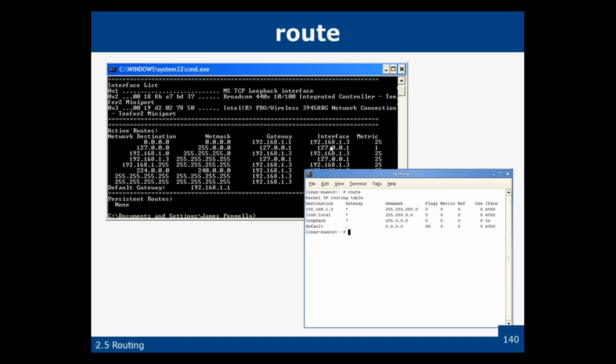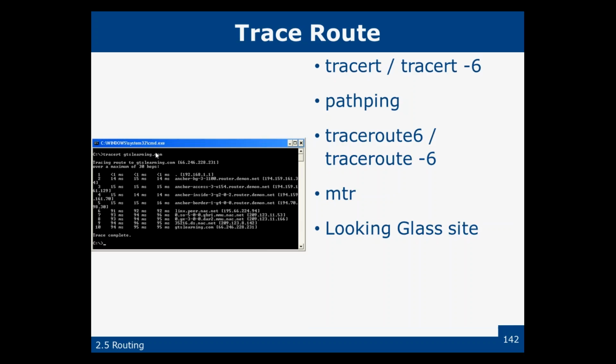The loopback just goes to its own self. To go to its own network, the gateway is going to be its own NIC's address, and you can look at the rest of those. But if you want to look at the route table on your Windows computer, it's route space print in order to get to those things.